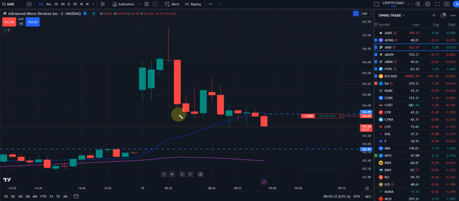But another note, see right through here, kind of holding everything. Now we did close above it, but we didn't get any follow through, obviously. Right here, closed under that line. And there's your follow through candle, at least for right now.